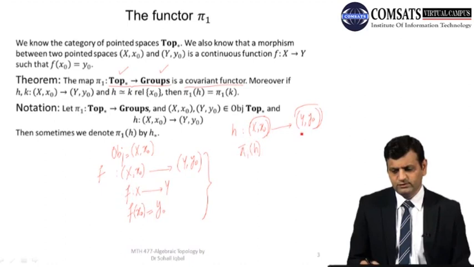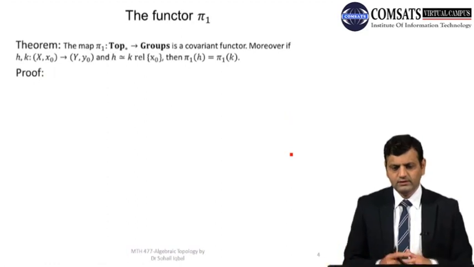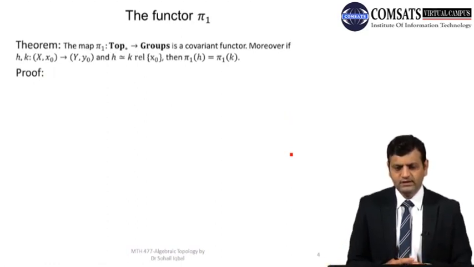So from this group to this group; we sometimes denote this map pi1 of h by h lower star. So let's see how we define this functor pi1, and we show its properties: that it's a covariant functor, and that for two homotopic maps between two pointed topological spaces, their images are equal under this functor pi1.